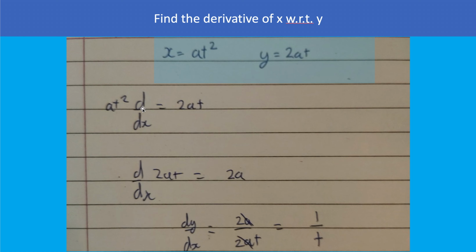If you want dy by dx, it is equal to dy by dt divided by dx by dt, or dy by dt into dt by dx. So it's simply 2a divided by 2at. Once you do the necessary cancellations, the answer that you will arrive at is 1 upon t.